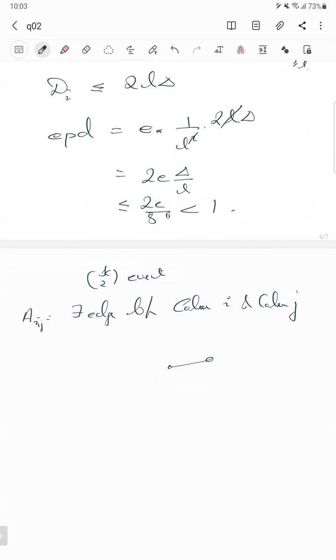What are two events? So A_ij is the event that there is an edge between color class i and j. Correct. So now suppose this is from color class i, this is from color class j, right? Now, we really do not pinpoint a vertex, but for another edge which is attached to j, the probability that that edge also comes in increases.